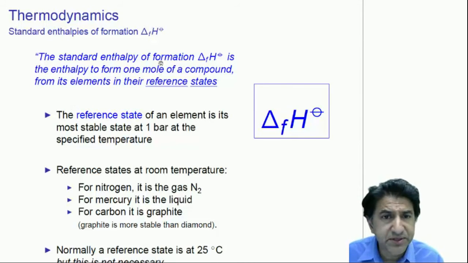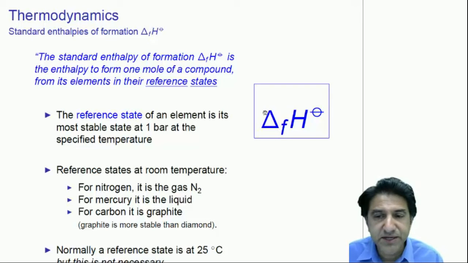So the standard enthalpy of formation, and this is the important thing about reference states, is the enthalpy to form 1 mole of the compound from its elements. Delta H_F, the heat of formation, is the enthalpy change for the reaction. And what is the reaction? It's the formation of the particular compound, can be water, can be diamond, or whatever.